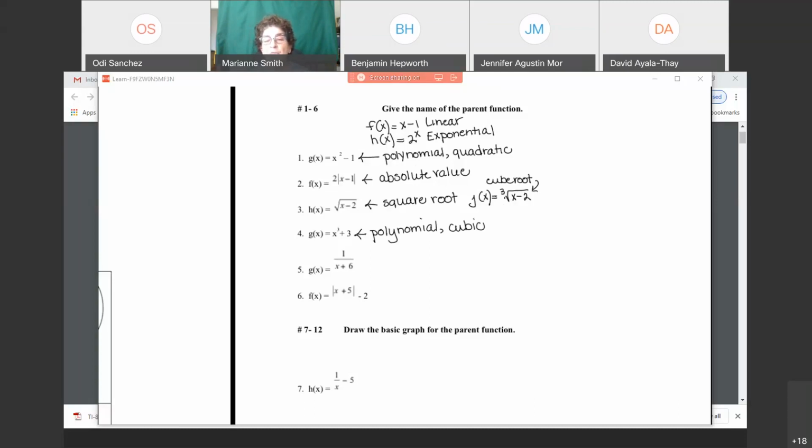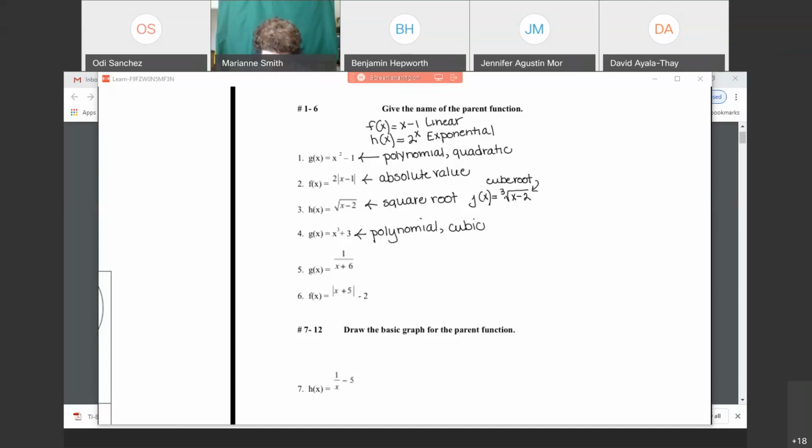The cubic function in number 4 is part of the polynomial family, but they're from different branches. They have a resemblance to each other, just like branches of a family, but they don't look exactly alike, just like you may not exactly look like your aunt or your uncle, but you look a little bit similar. Same idea. We'll get to the graphs in a minute.